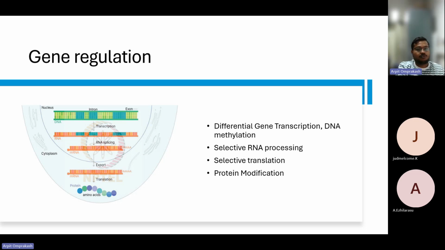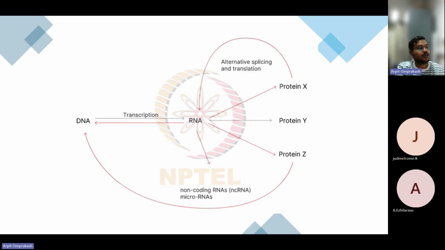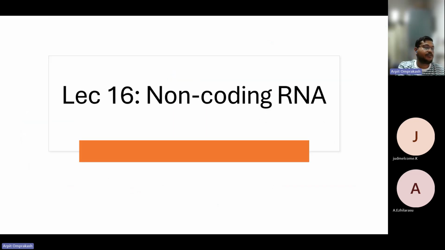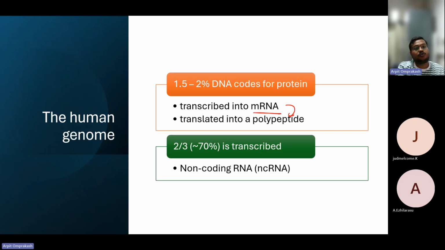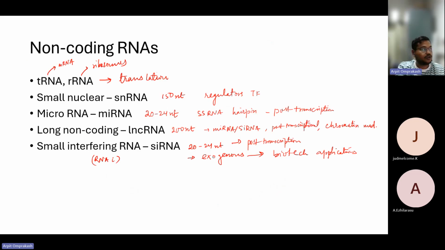Then we talked about what different kinds of gene regulation occur in eukaryotes. We talked about transcription factors and how they modulate gene expression. Then in the next lecture, we talked about non-coding RNAs. About 70% of the genome that is transcribed produces non-coding RNA. So what are the different kinds of non-coding RNA?